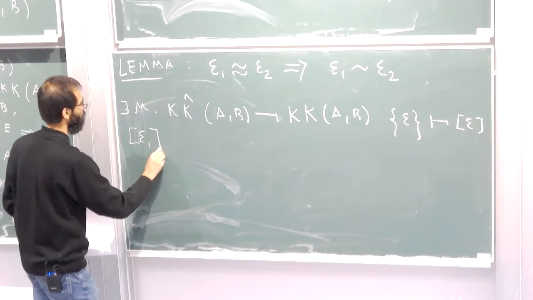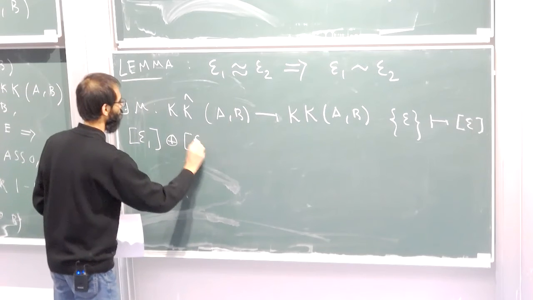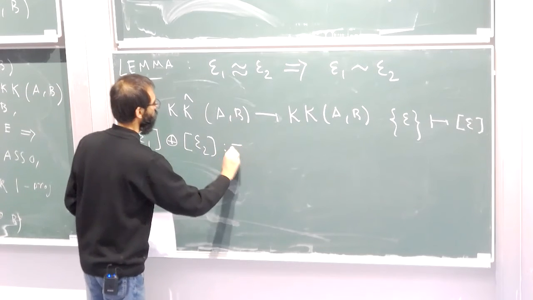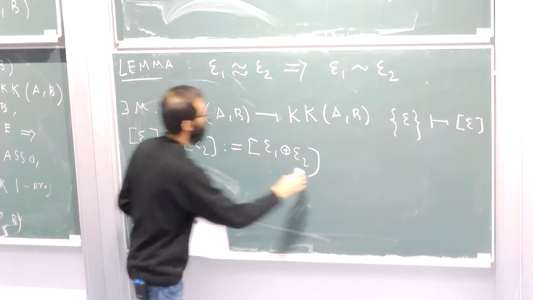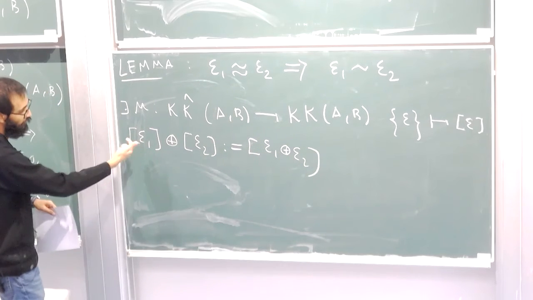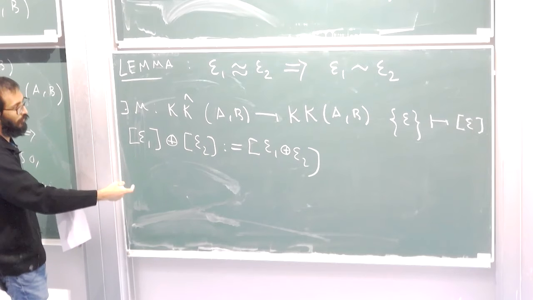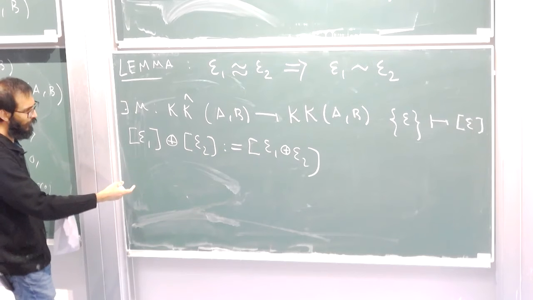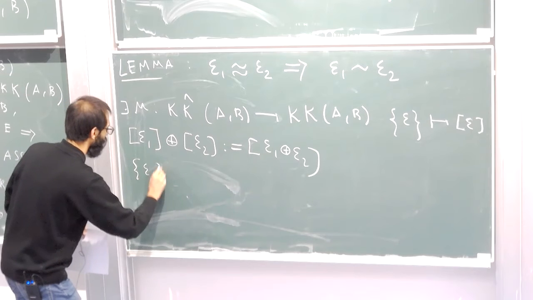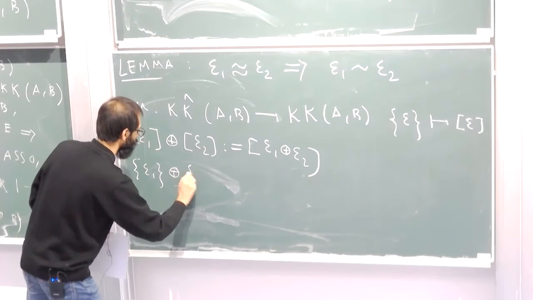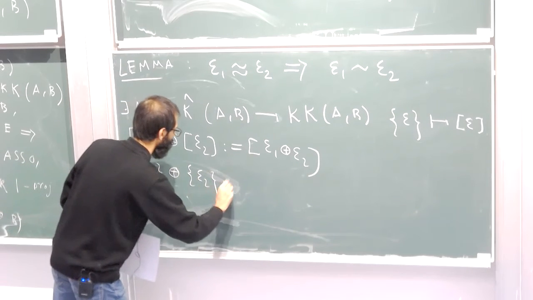So you would need to prove that if I choose a different representative, this would give the same class inside here, and it is also the same definition.